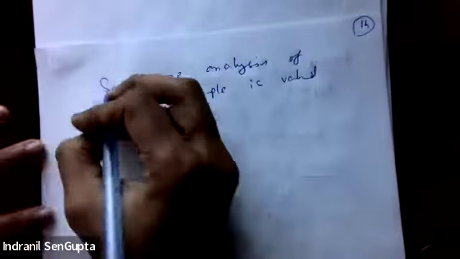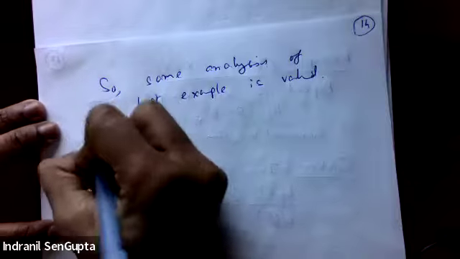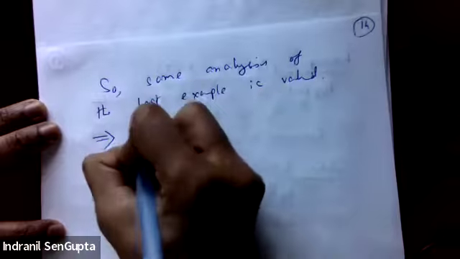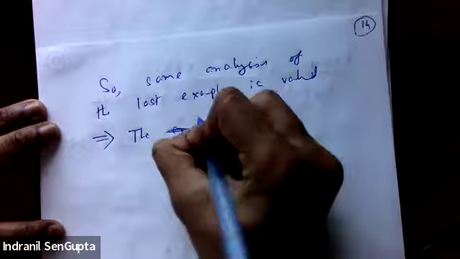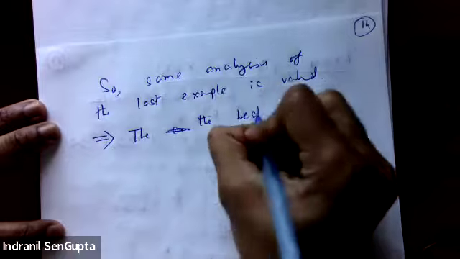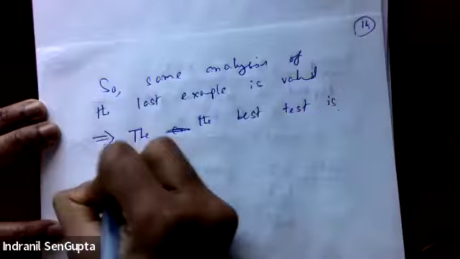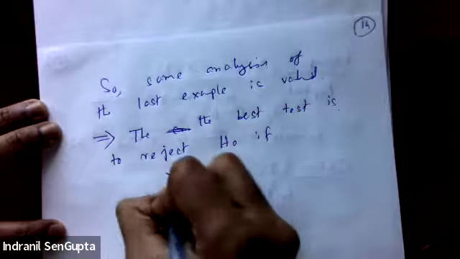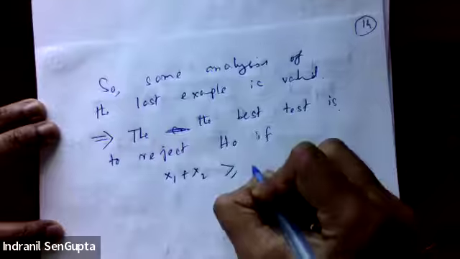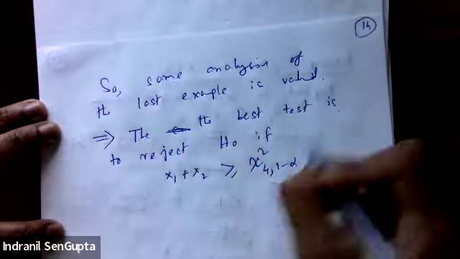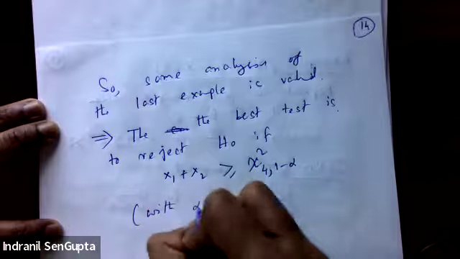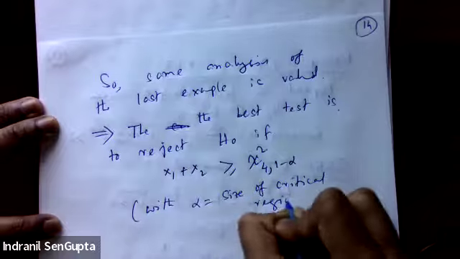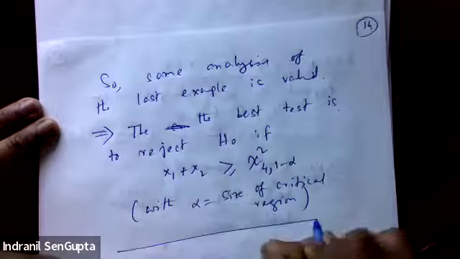And hence we can say that the critical region, so the best test, is to reject H0 if x1 plus x2 is bigger than chi squared 4, 1 minus alpha, with alpha being the size of the critical region, or another way of saying the same thing, the level of significance.